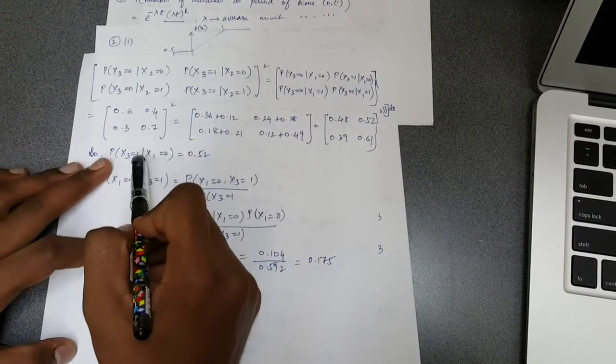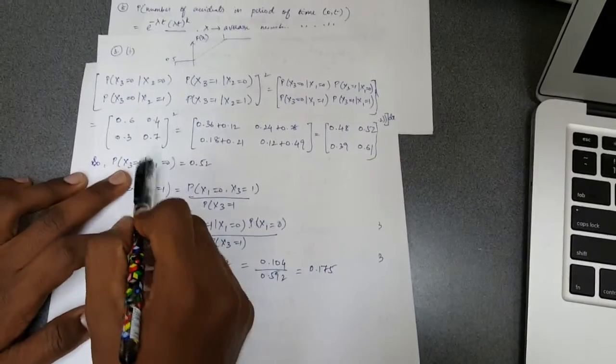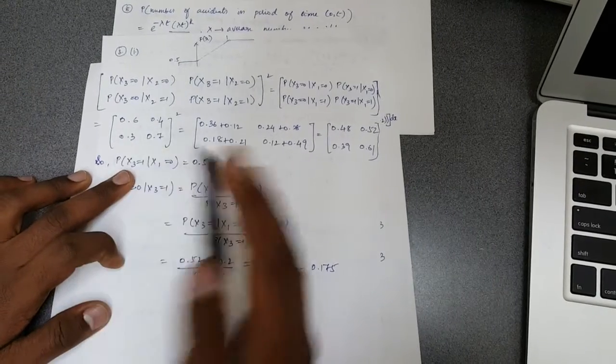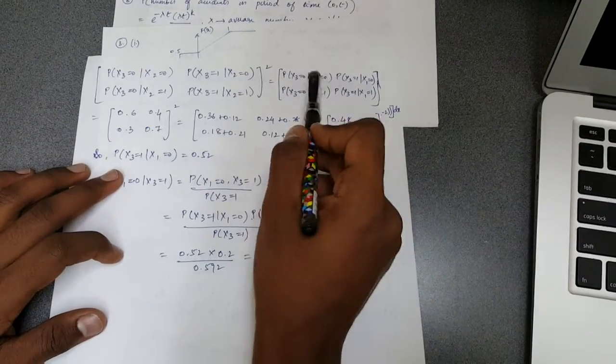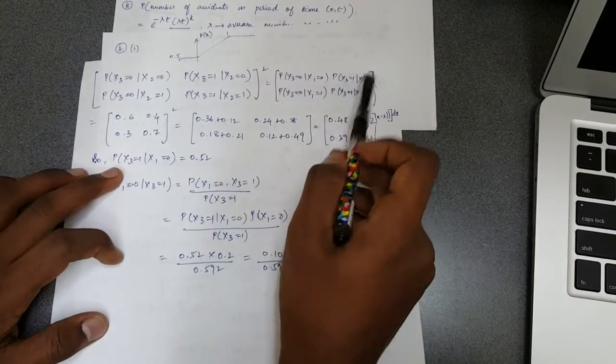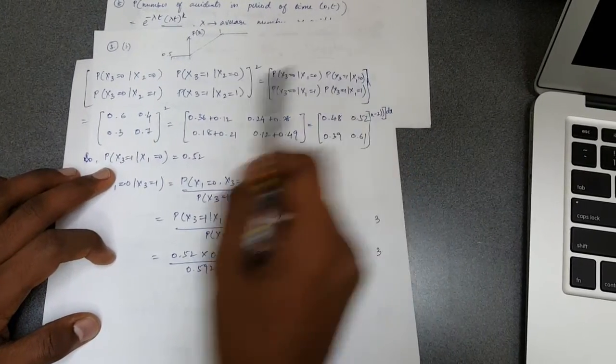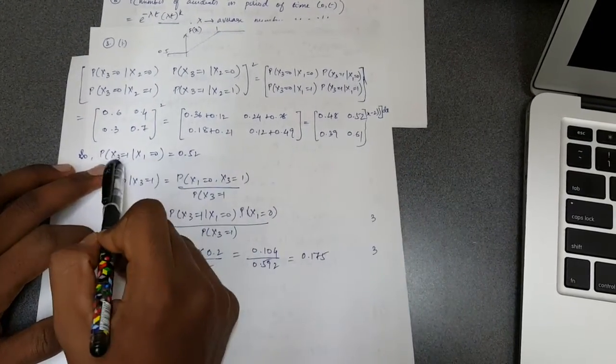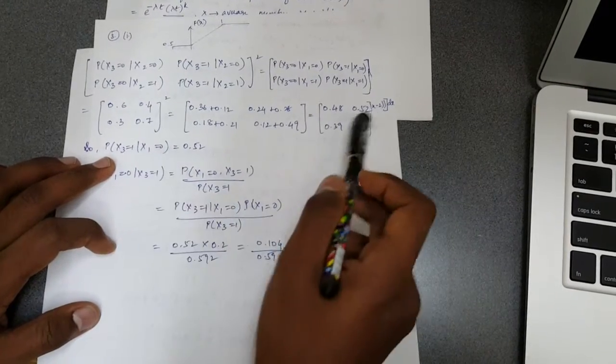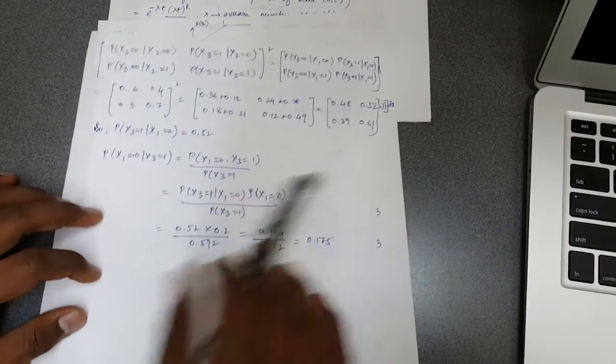Now each of these values is p of xk plus 1 given that p of x1 is some value. So this element is p of x3 equal to 1 given x1 equal to 0. It comes out to be 0.52.